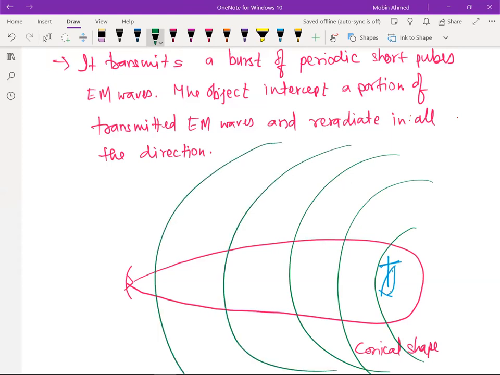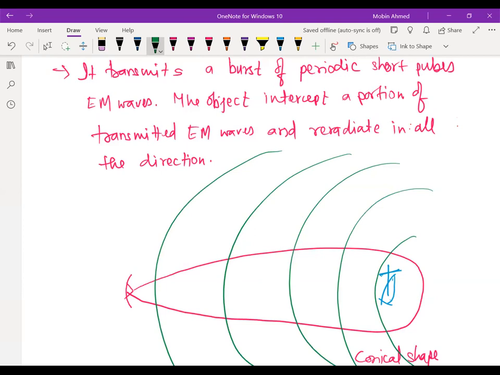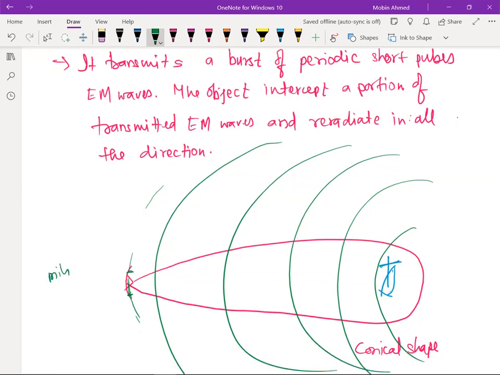So only a small portion will be intercepted by the antenna, only this much portion of the reflected wave is going to reach the antenna, very small. And that's why, whatever the power is required to transmit, the reflected wave power is sometimes going to be in the milliwatt. We have transmitted in the megawatt.